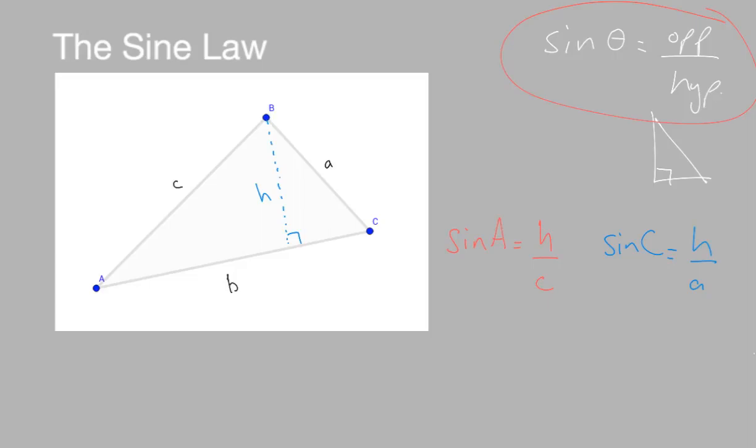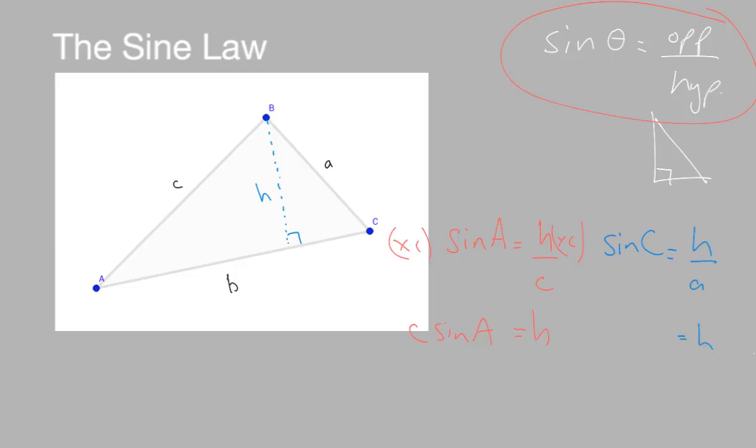In the first relationship here, we have sine A equals h over c, and we can rearrange that by multiplying both sides by c, so h equals c sine A. The second equation can be just as easily rearranged.